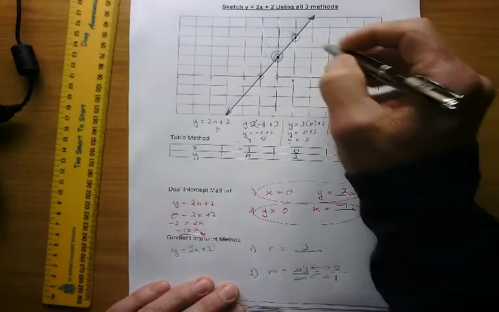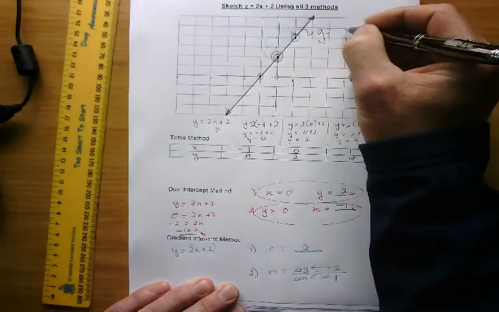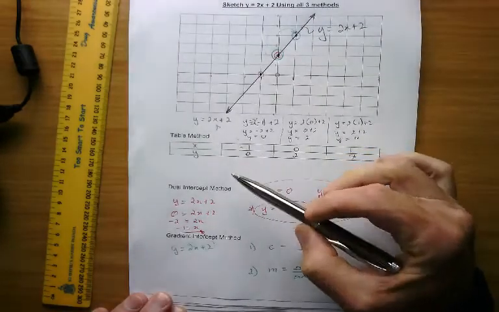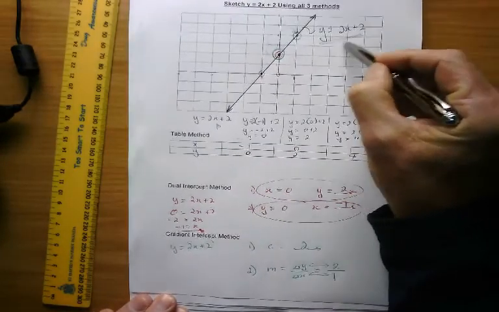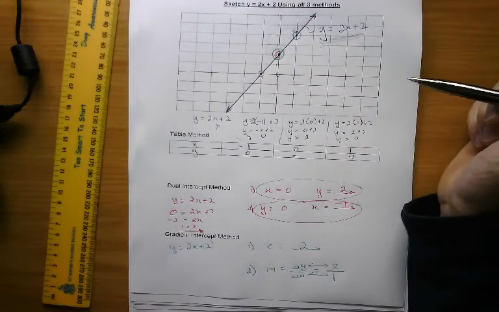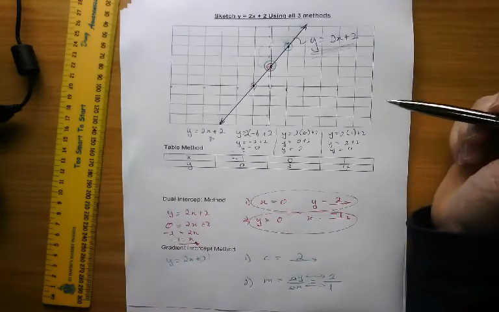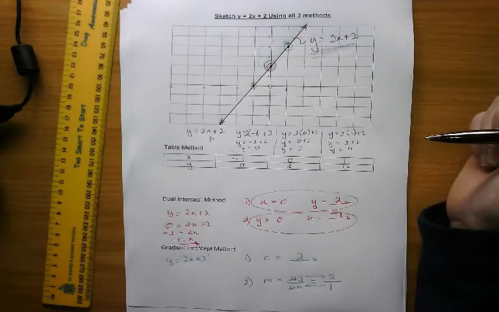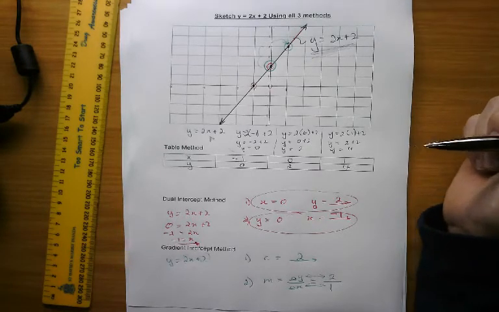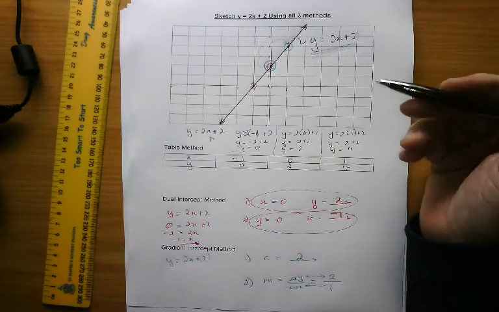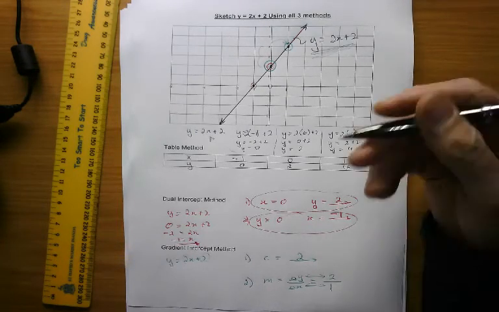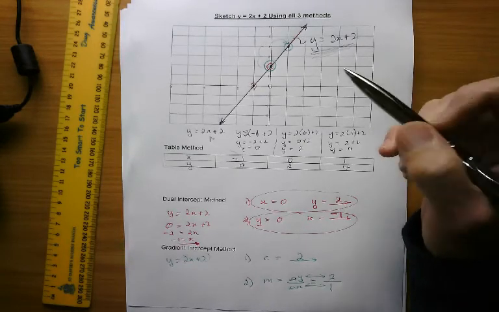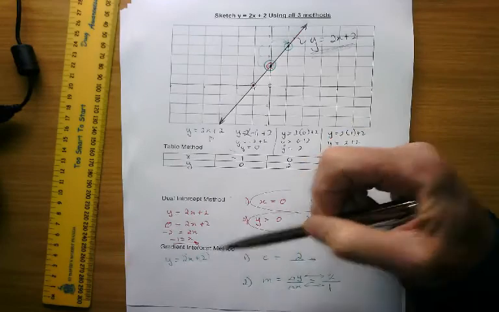And I expected the same line because I'm using three different ways to sketch the same equation. Now you need to know all three to be able to sketch. And in exams and tests, we will ask you to use a particular method, or if we don't ask and we just say sketch the following equations, you can then choose which method you are going to use.